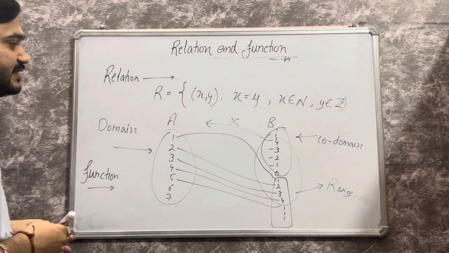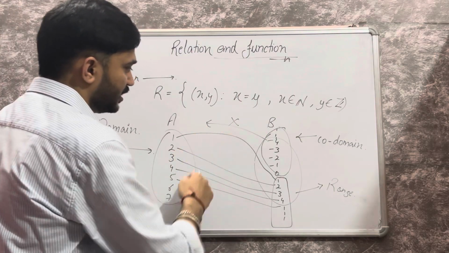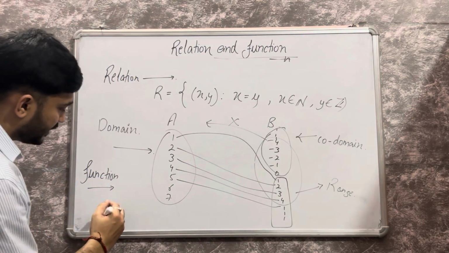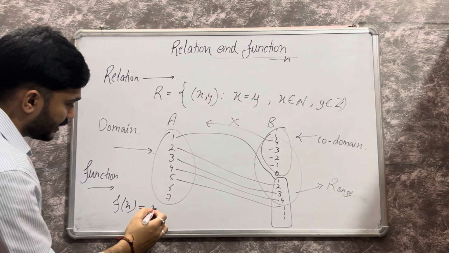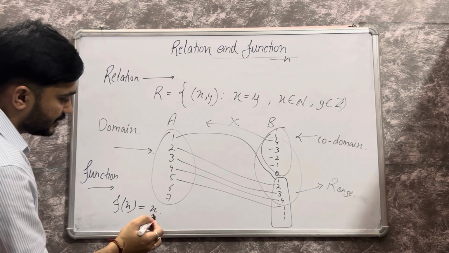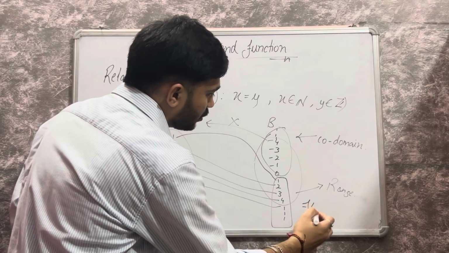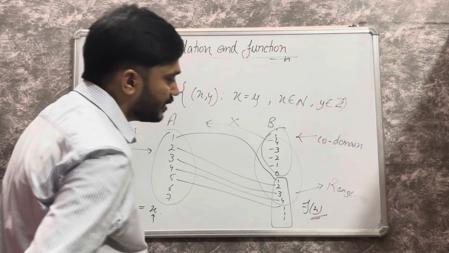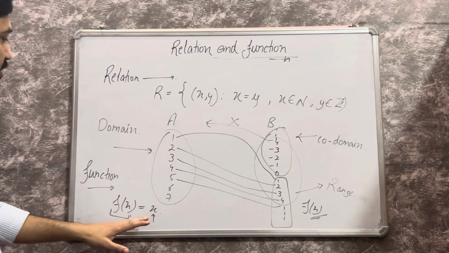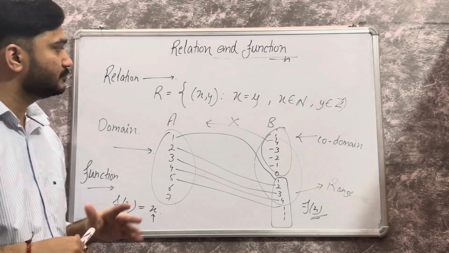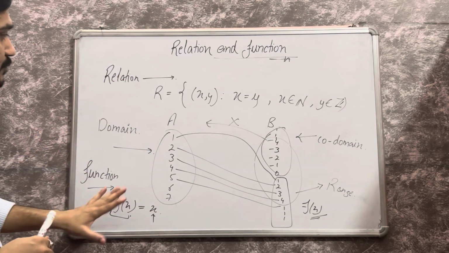A function is a special type of relation. It means it represents this relation also. If we say that here f(x) = x, the x is the value of domain and f(x) are the values of codomain, or you can say range. A function is a special type of relation which has some conditions in it. Any doubt?